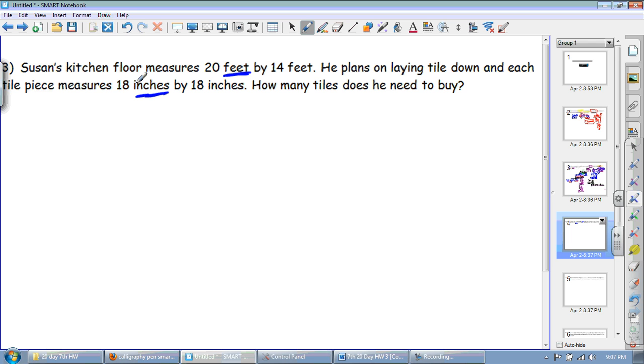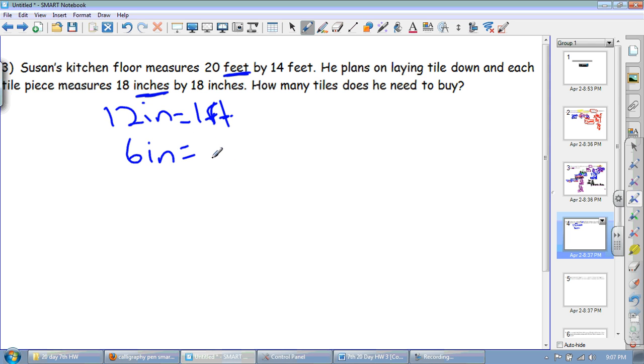So 18 inches. I know 12 inches is 1 foot, and that leaves us 6 inches left over. So 6 inches, what part of a foot is 6 inches?